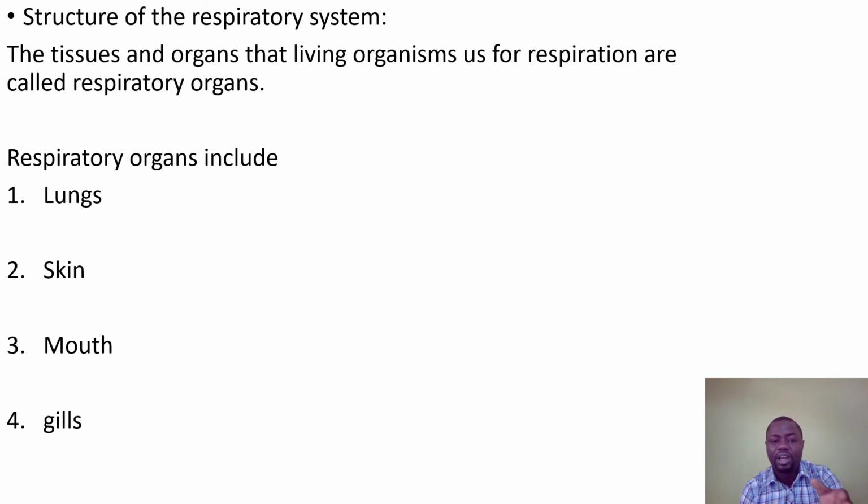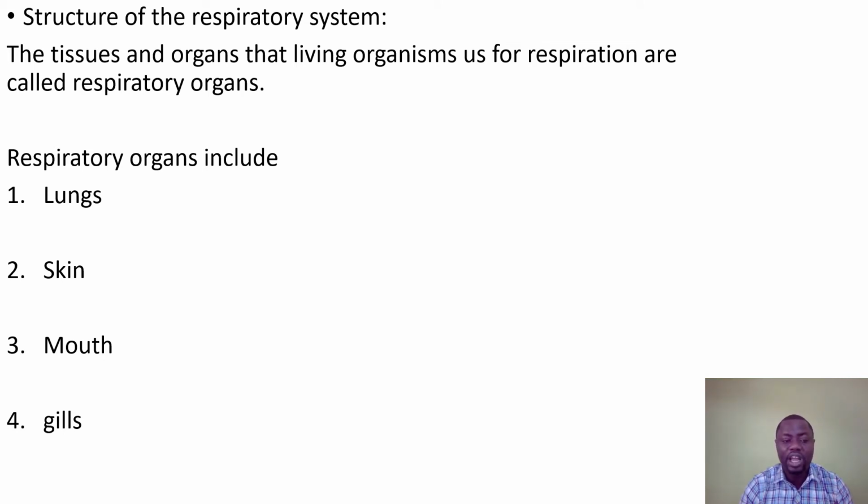So tissues and organs that living organisms use for respiration are called respiratory organs. The organs related with respiration, related with the breakdown of food to release energy, are called respiratory organs. Now let's look at these organs.